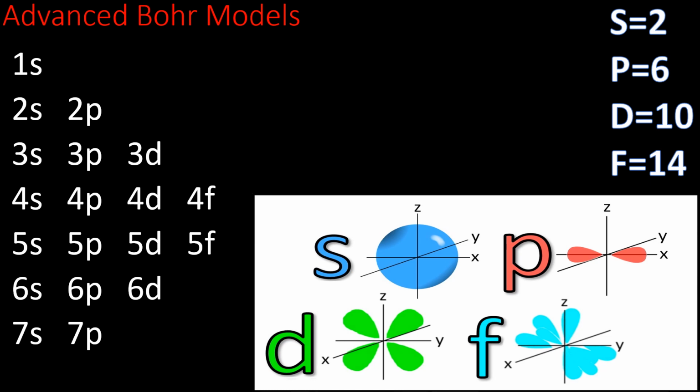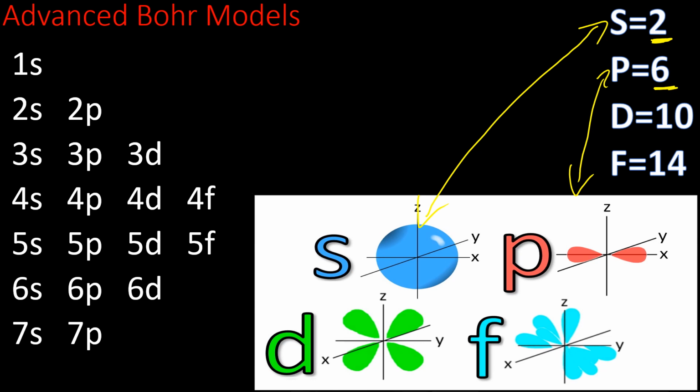There are four types of orbitals that we're going to be talking about. The s orbital, which is right there. S means sphere. Those are the smaller orbitals, and they can hold 2 electrons. Then you have the p orbital, which has a kind of bow tie shape.